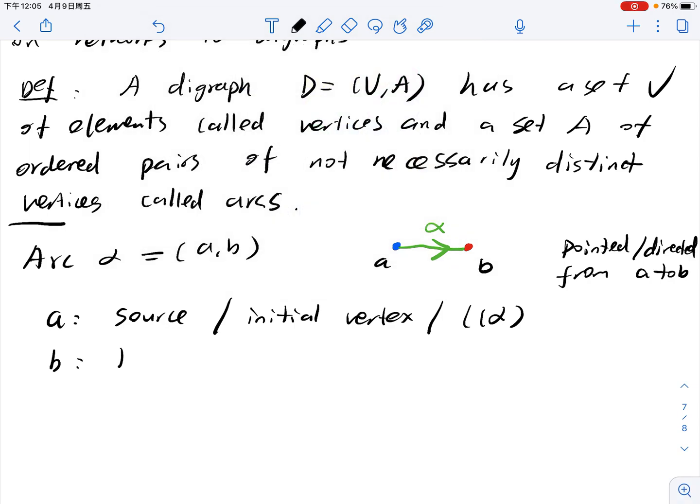And B is called the target or terminal vertex, or use the notation tau alpha.